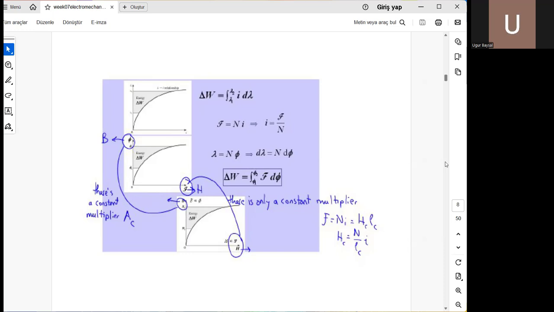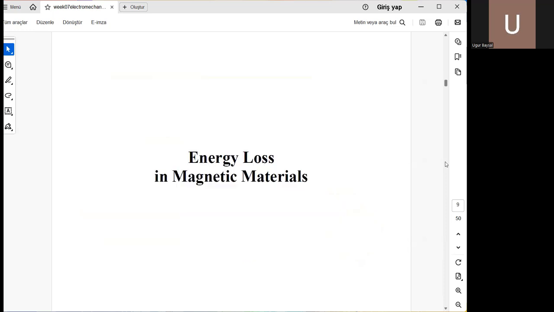Lambda 1 can be transformed to phi 1 by dividing by the number of turns of the coil, which is a constant value. And i can be converted to MMF, again by a division of the number of turns. And d lambda can be transformed to d phi, again with the same proportional ratio of the number of turns N.